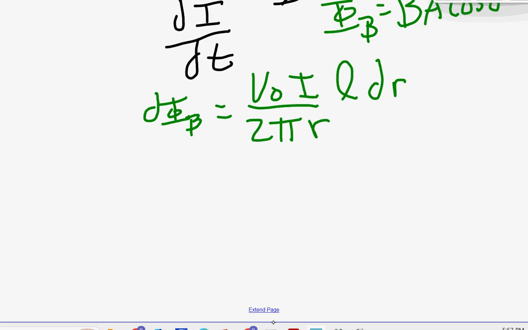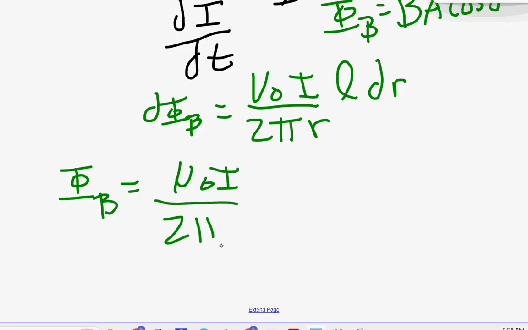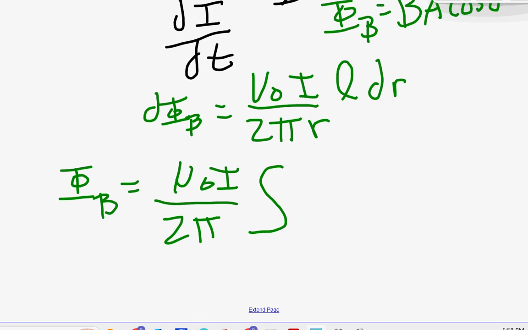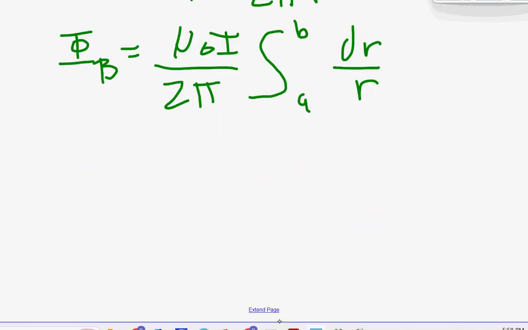To get my magnetic flux, that's going to equal mu naught I over 2 pi. I'm going to take the integral from A to B, and I believe that's how I have this set up. Yep, A to B. And I'll just have dr over r, which becomes the natural log.